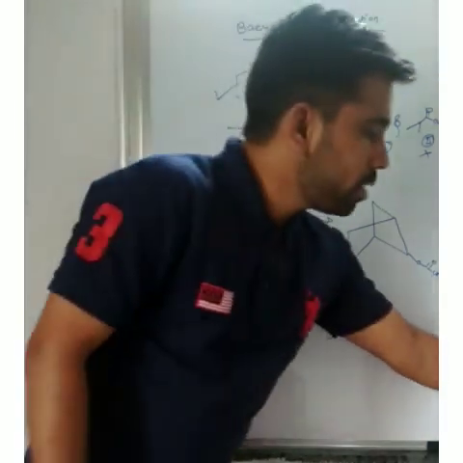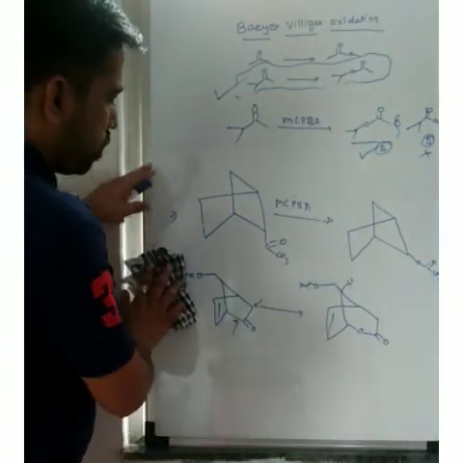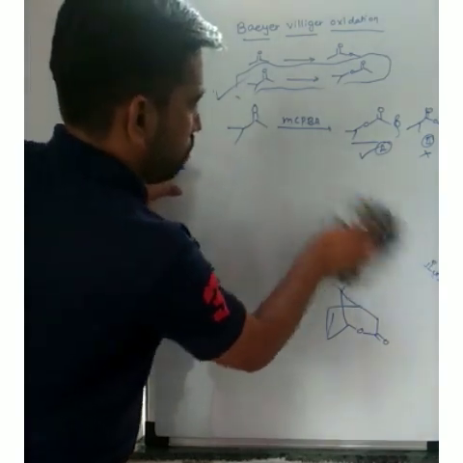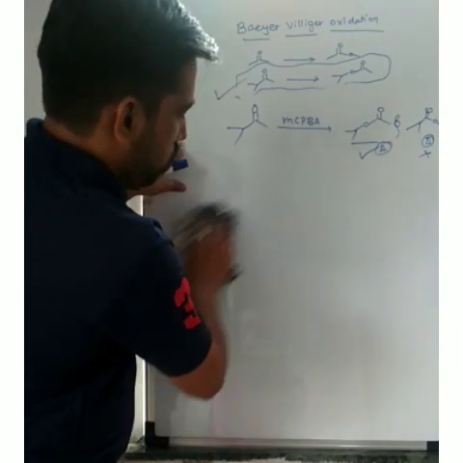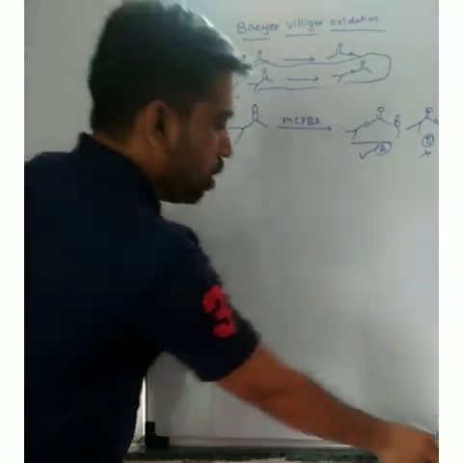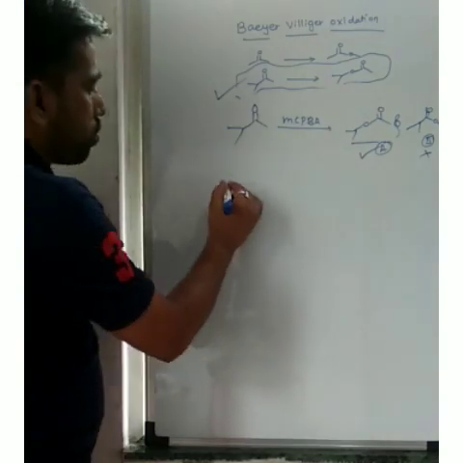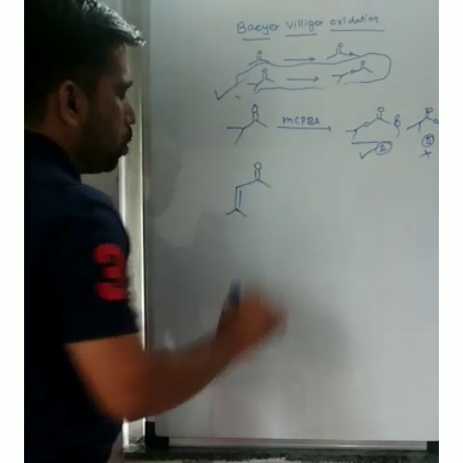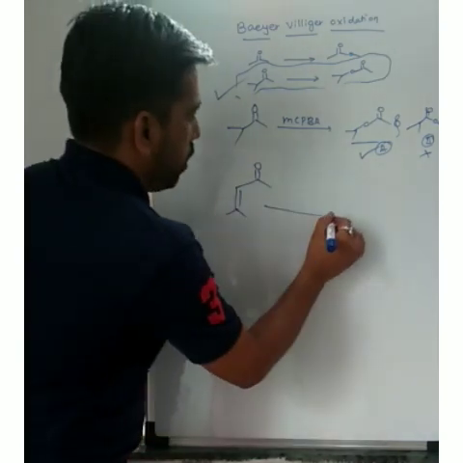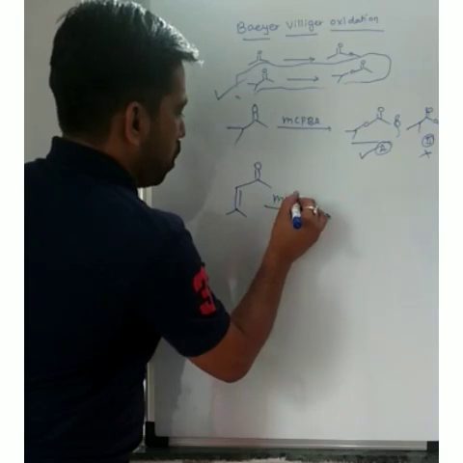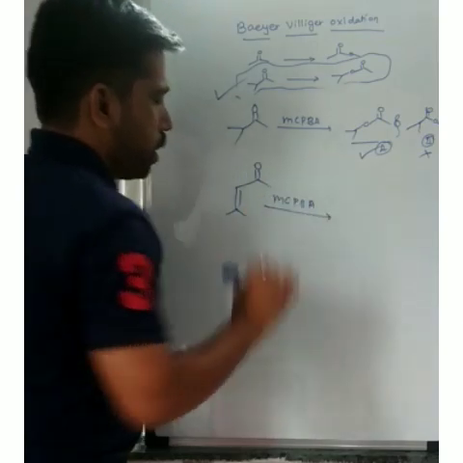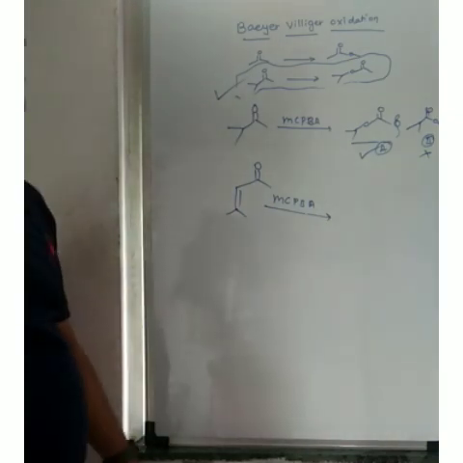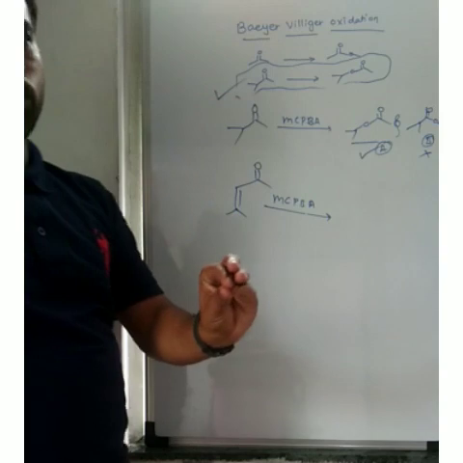Now let's see the Baeyer Villiger oxidation reaction of alpha beta unsaturated compounds. What will happen in the case of an alpha beta unsaturated compound? See this example, and treating this with metachloroperbenzoic acid. Now what about this example? There is formation of two products.